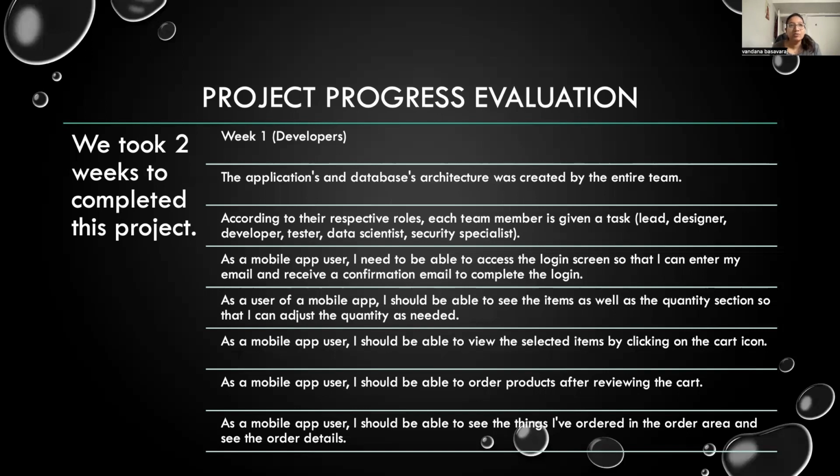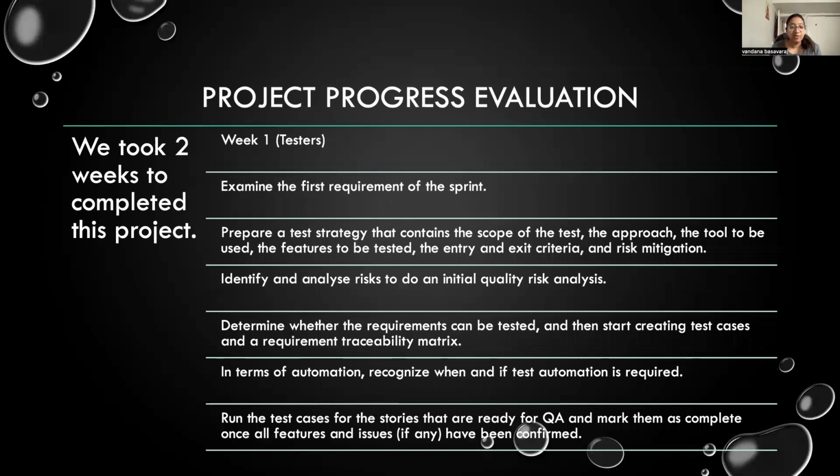I should be able to view a selected item by clicking on the cart icon, place the selected item, and then order products after reviewing the cart. Once everything is put into the cart, I need to review it and place the order. And I should be able to see the things I've ordered in the cart area and see their order details.